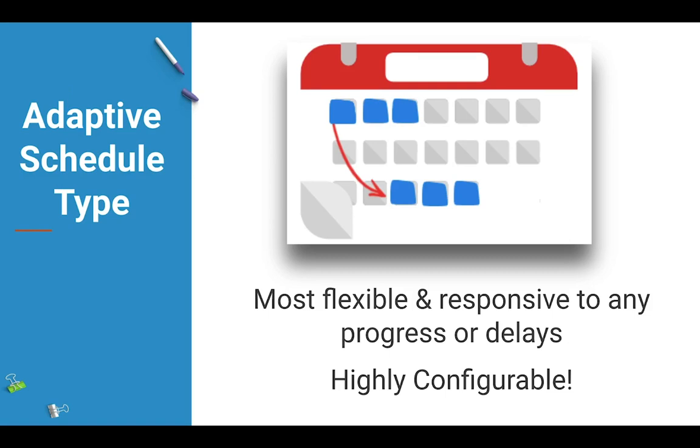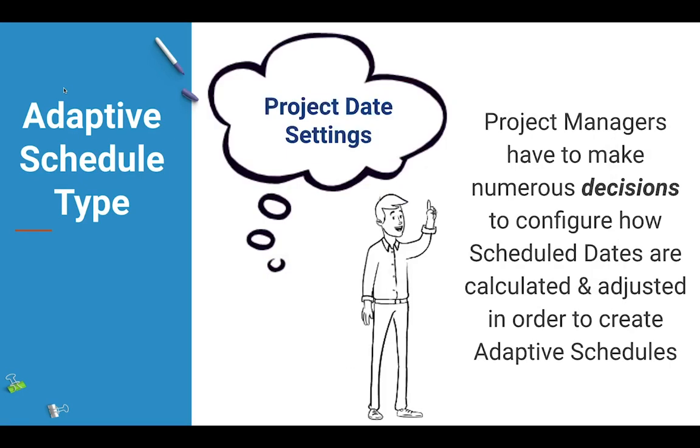And that configuration happens with the project date settings. There's several project date settings that project managers have the freedom, but also the ownership of making decisions about how scheduled dates will be calculated and adjusted in order to create an adaptive schedule of their project.